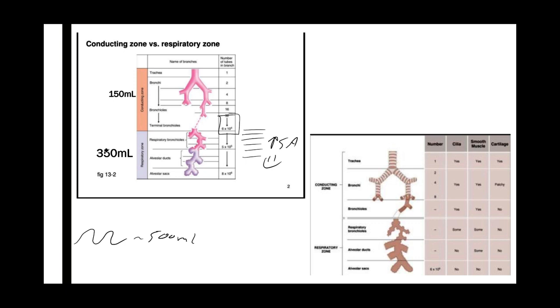That's the reason when you take a breath, say of 500 ml, that 350 goes down to the respiratory zone. Be familiar with the terminology here, because there are different pathologies that affect different areas.